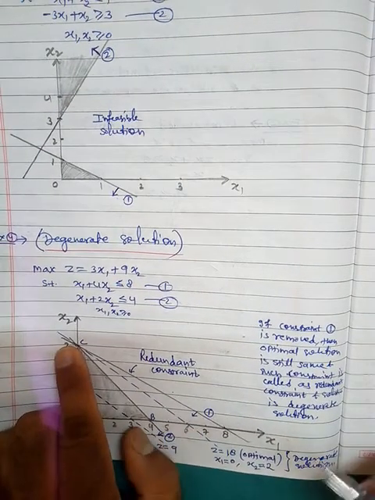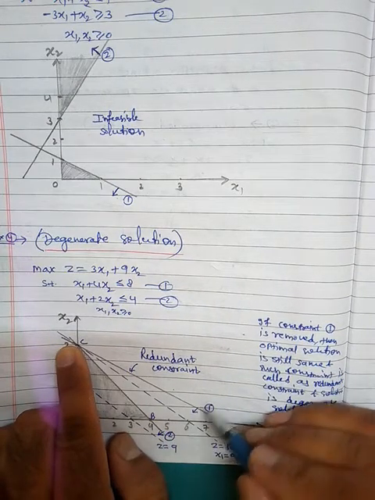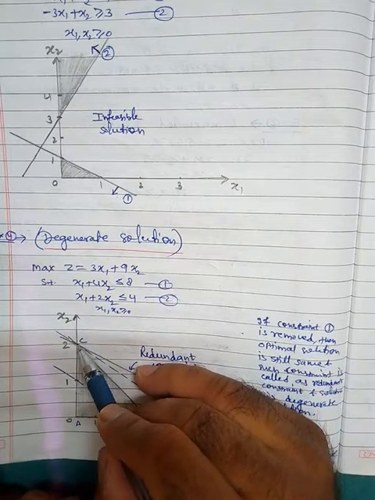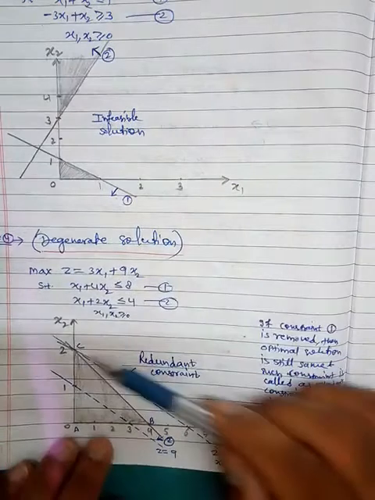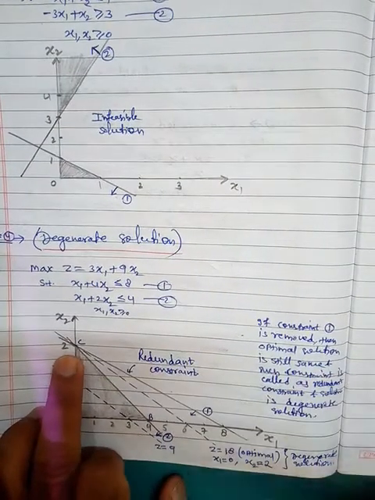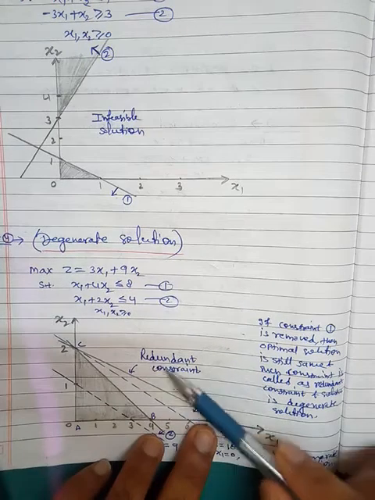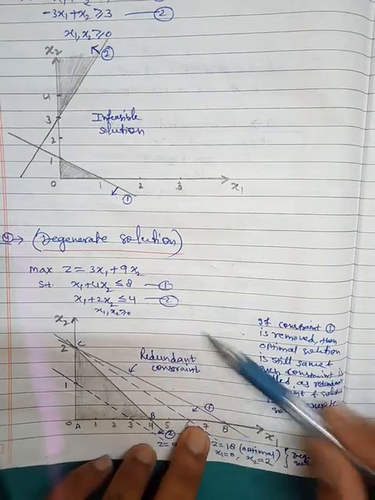Now observe one thing: if you remove constraint number 1, you still get the same solution. That's why constraint number 1 is a redundant constraint.